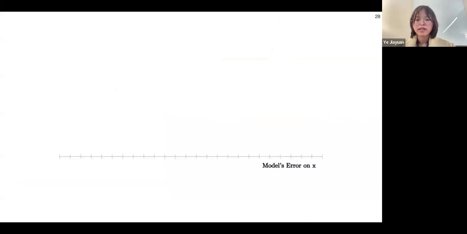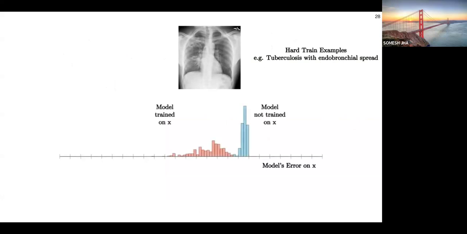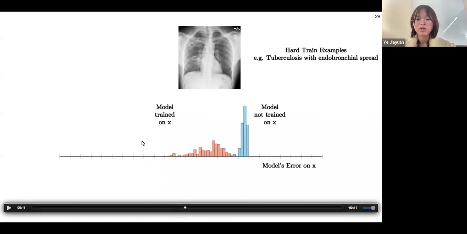And if we look at the reason for success in this particular attack, take the example of very hard training data. Then we can see that the model trained on it versus the model trained not on it both have relatively high error.